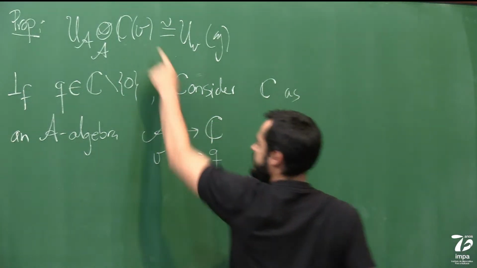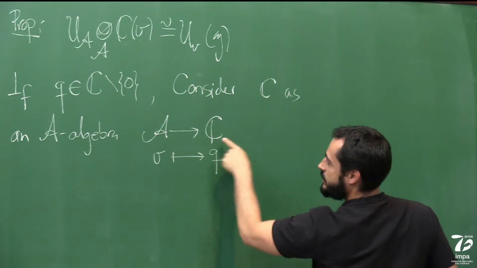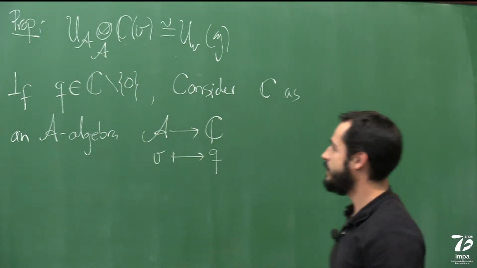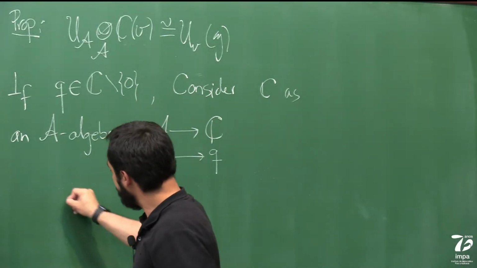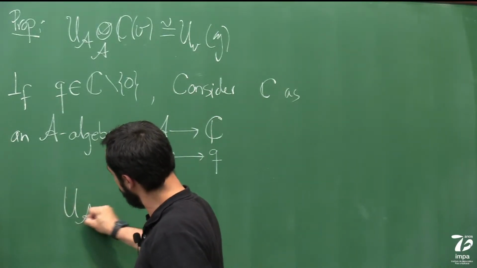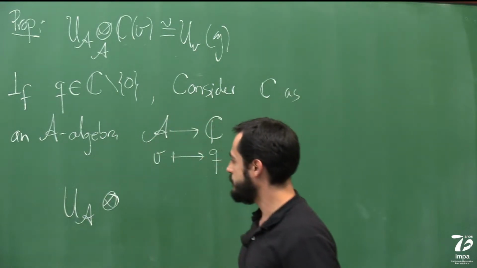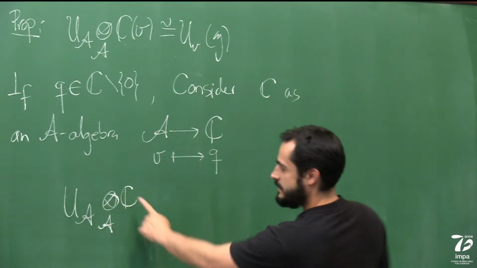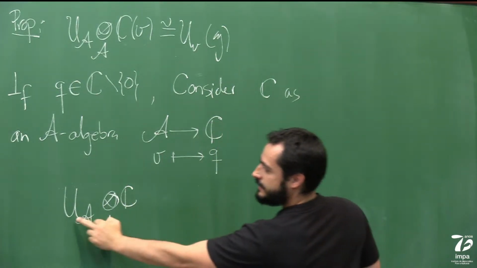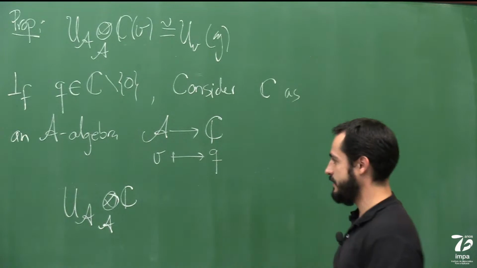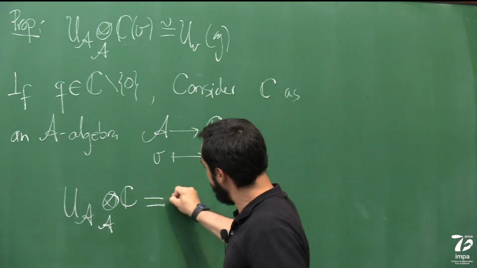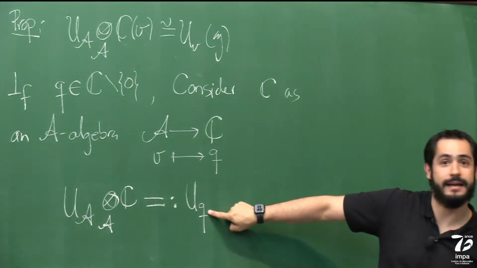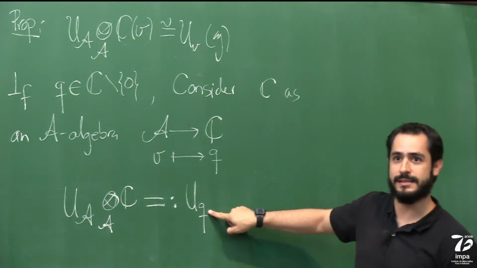I'm replacing v by q in this algebra structure over the complex numbers. If I consider this, then I can produce this new tensor product over A, with C considered as an A-algebra with this action. This is an A subalgebra, so everything is okay. And by definition, this is my quantum group when I specialize q to a specific complex number or a specific parameter.